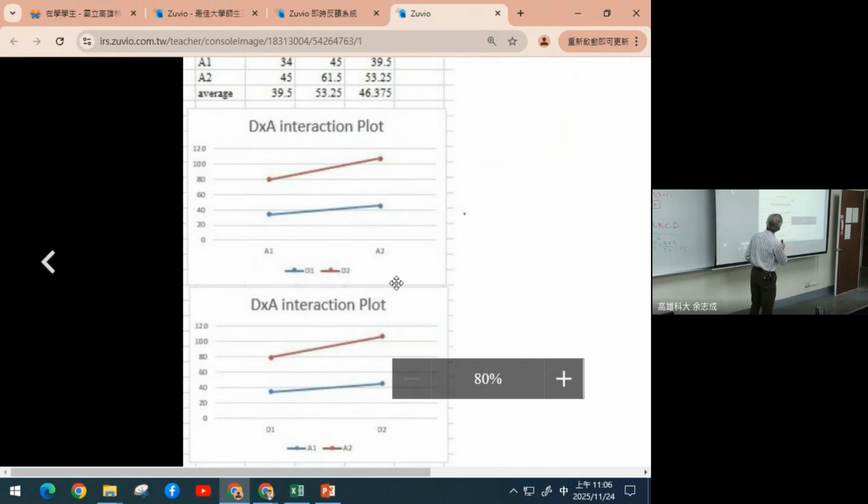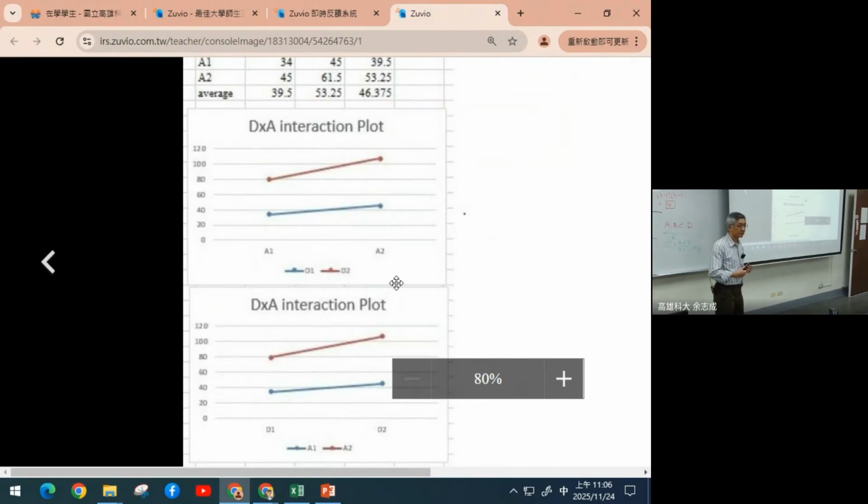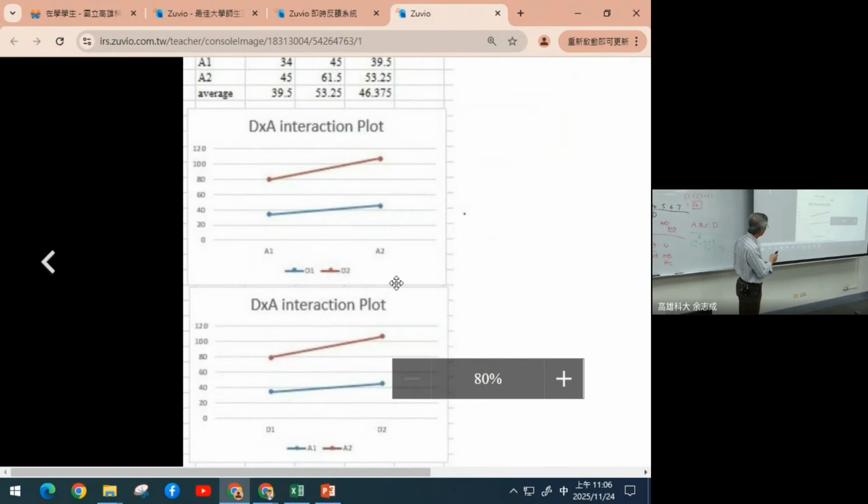So here, let's see, A1 and A2, which one will be better? Will you select A1 or A2? Just like what I just asked you, right? A2 is better because A2 has a larger output, even though there are two lines. The first one is D1, the second one, the red line, is D2. No matter D1 or D2, the selection of A is still A2, higher than A1.